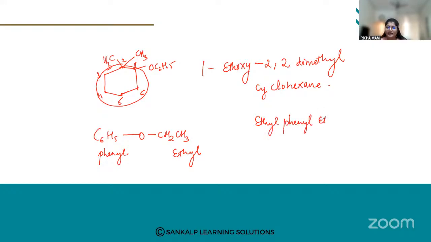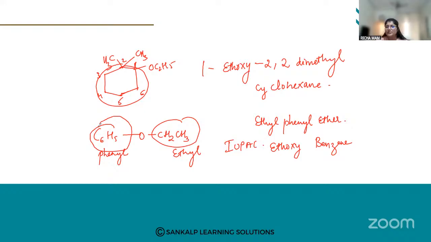And if I want to write the IUPAC name, it will be ethoxybenzene. Got it? The compound with the larger alkyl or aryl group should be taken as the parent compound. Like this, you are going to name.